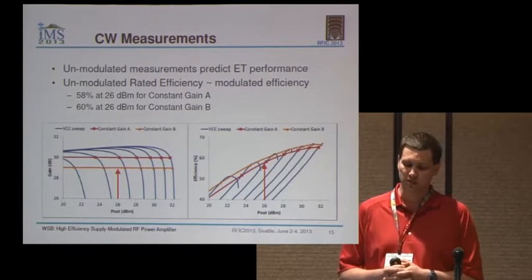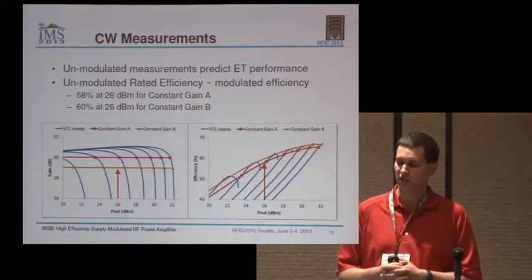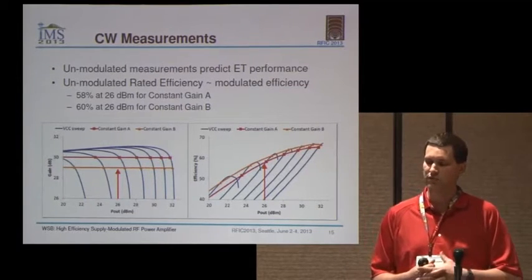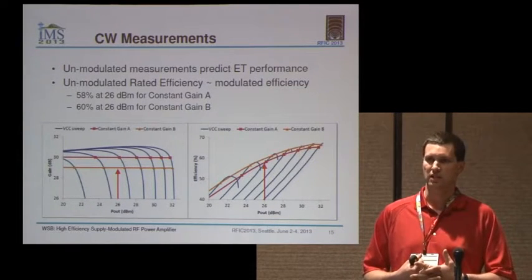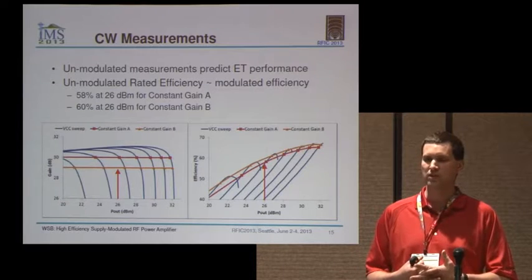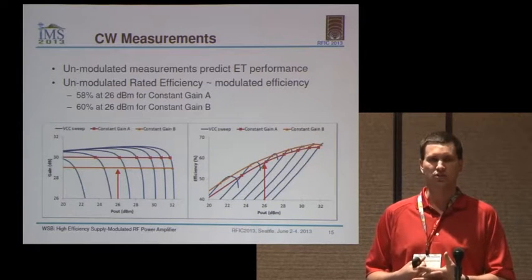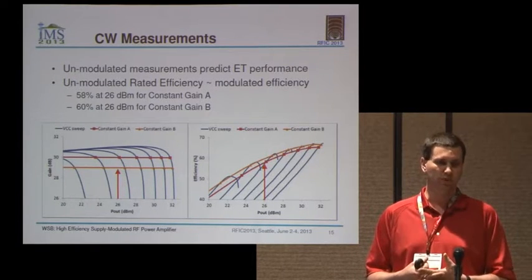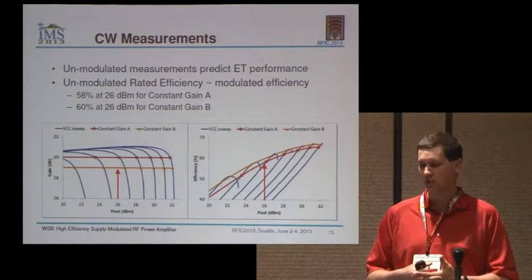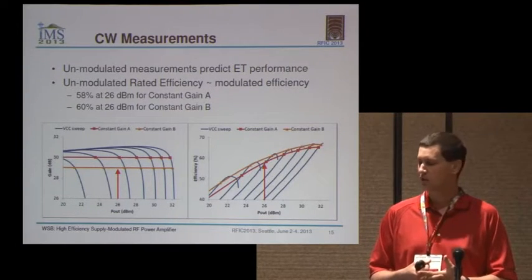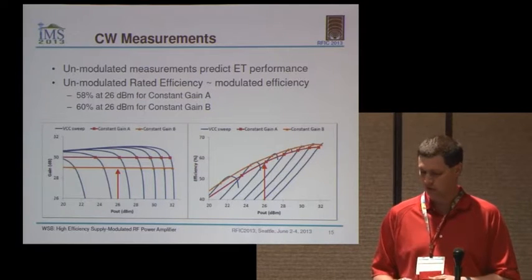So this is just the CW measurement data for the PA. What we found in our work is that this tends to be a fairly good estimate of what the actual modulated efficiency will be when we do run modulation and envelope tracking through the PA, typically within 1 percentage point of this measurement.